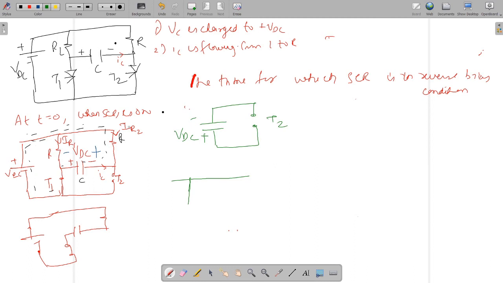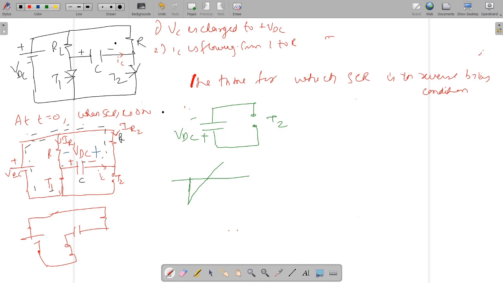It means this capacitor has to travel from minus VDC to plus VDC, and it is going towards zero. This is the reverse bias part, and after that it will move in the positive direction. You can see the polarities are now changing.